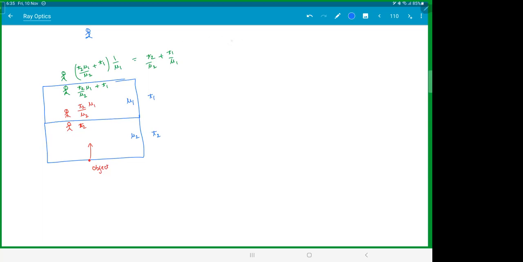So that person will see, he sees at a distance of H plus T1 by mu1 plus T2 by mu2. So you can simply replace the slab with a distance of T1 by mu1 and you can finish it off.